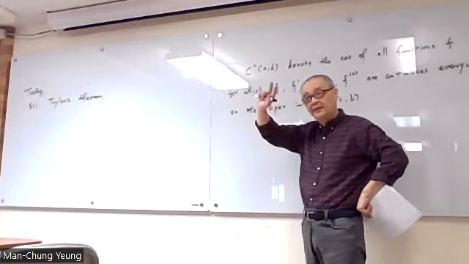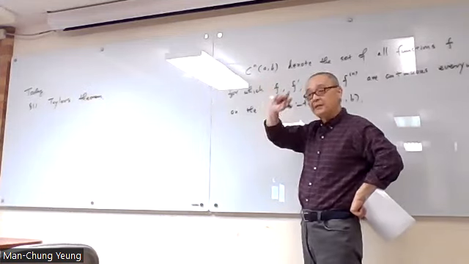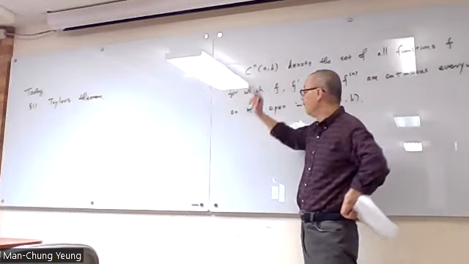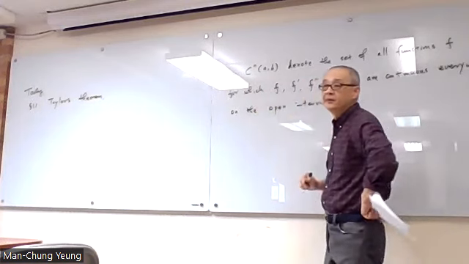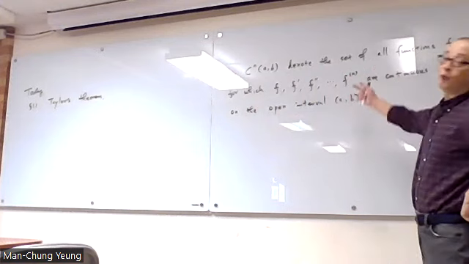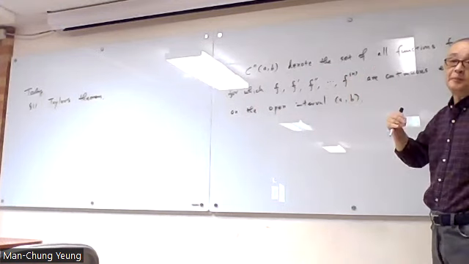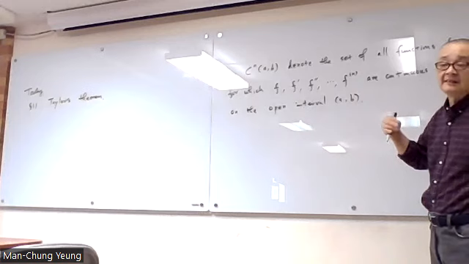C means continuous, with derivatives up to order n, on the open interval (a,b). Now with this notation, I can present Taylor's theorem.